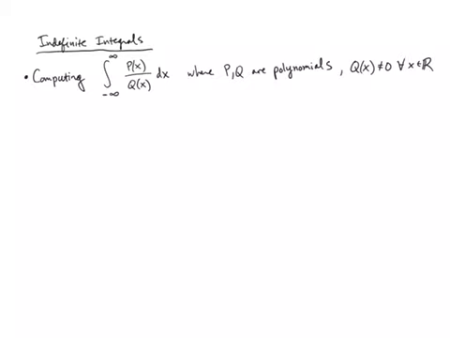So here's the setup. So basically, you want to compute this integral. So our integral from negative infinity to infinity of p of x over q of x dx, that's the limit as big R goes to infinity of the integral from negative R to R of p of x over q of x dx.